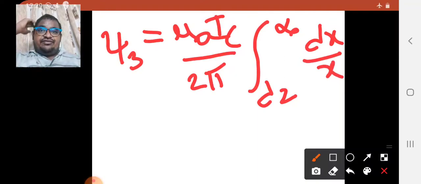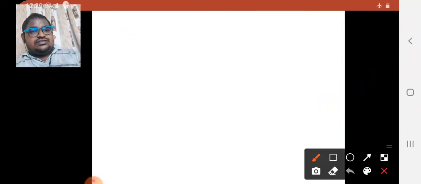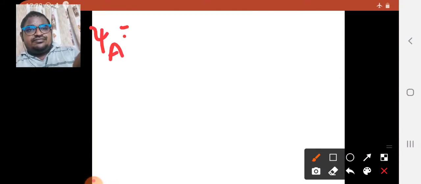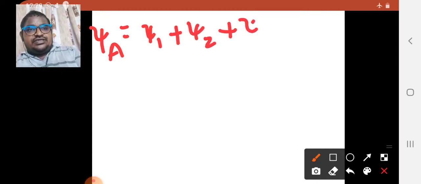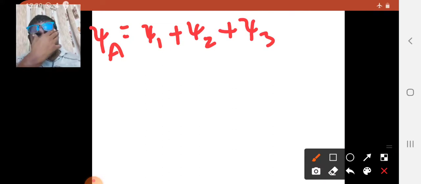At last, what is the total flux linking with conductor A? That is psi A is equal to psi 1 plus psi 2 plus psi 3.